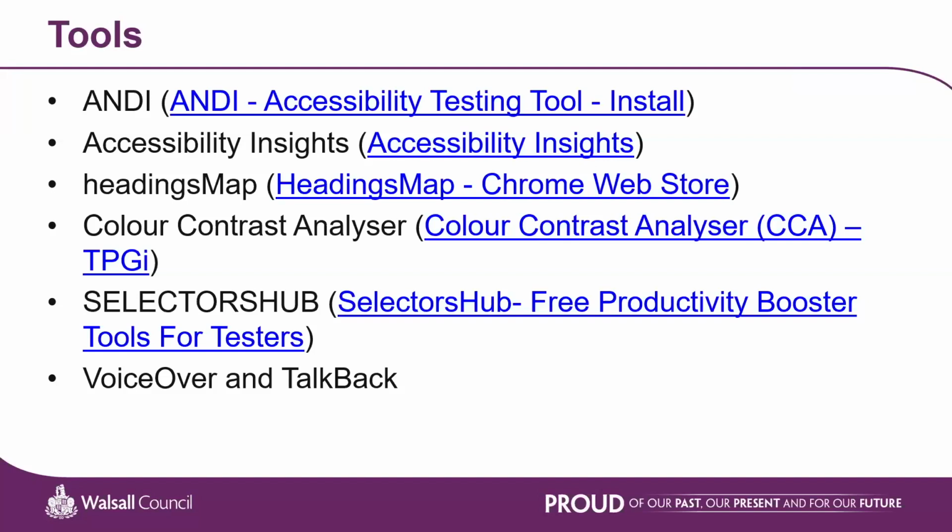Color Contrast Analyzer, TPGi, one of my favorites because it really helps me. Selectors Hub, this is more on the developer end, but there is some way an accessibility auditor like me can use it. And I would also quickly touch base on VoiceOver and TalkBack, the screen readers for iOS and Android.